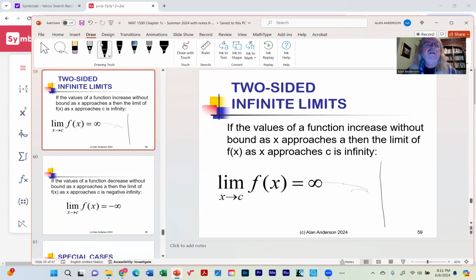Hold on one second. Ah, Jesus. It really annoys me to no end when it stops working correctly.